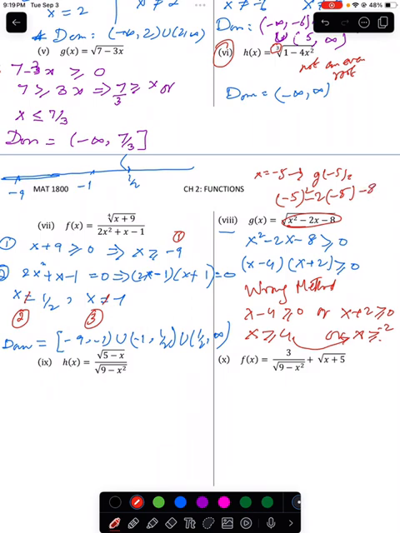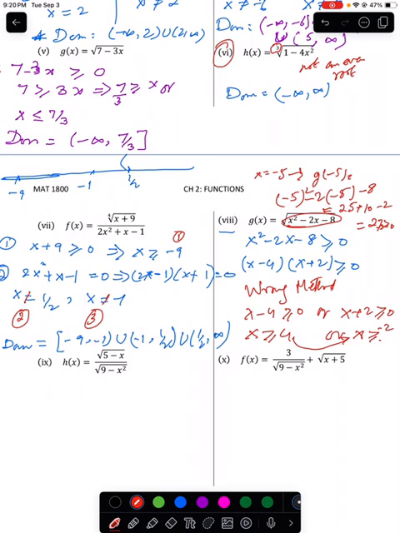You simplify this, it gives you 25 plus 10 minus 8, which is equal to 27. And 27 is a number which is greater than 0. So the function could take negative 5 as an input, which means our domain is not correct.